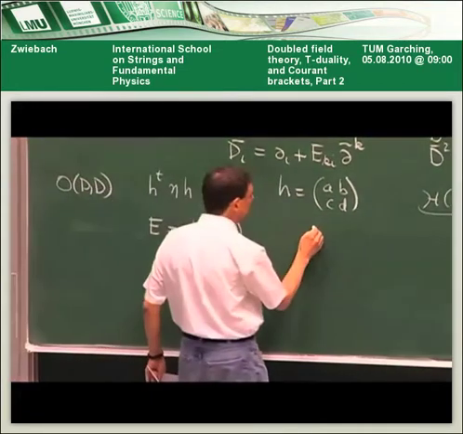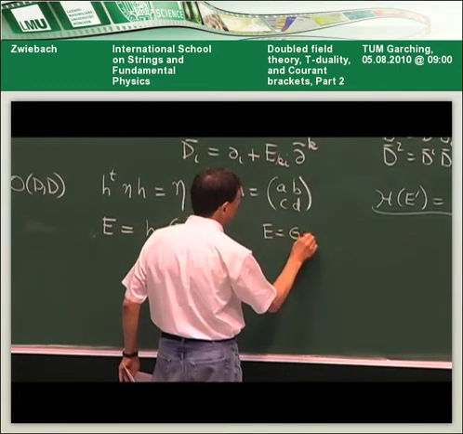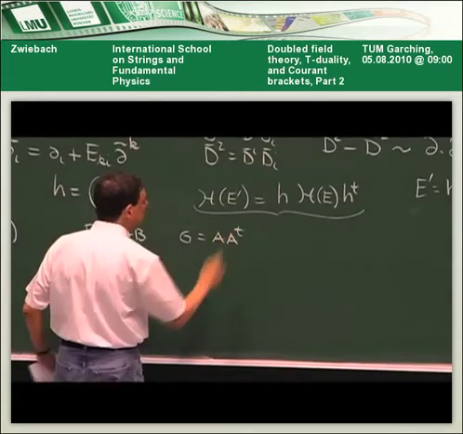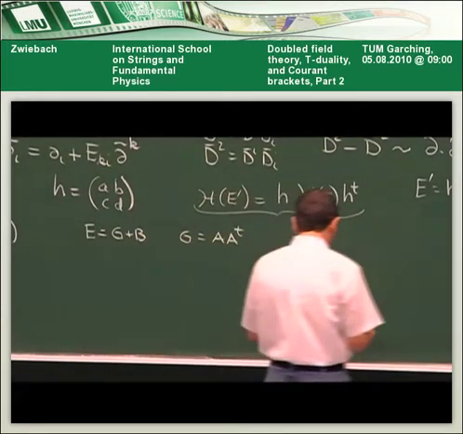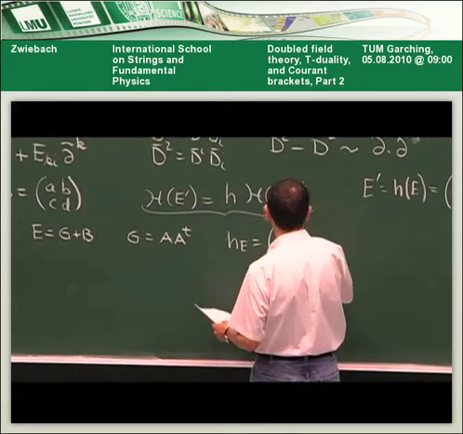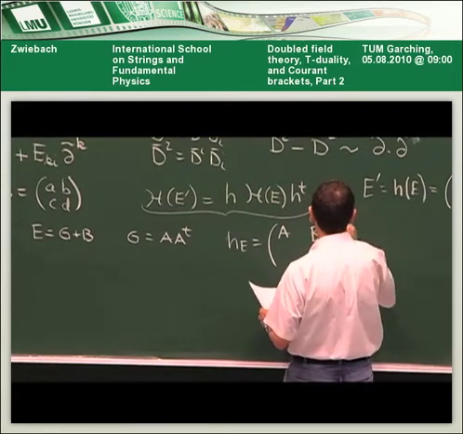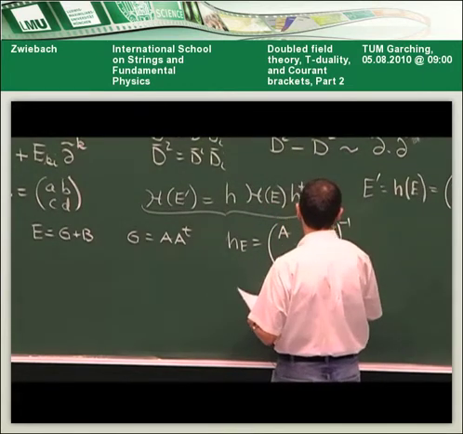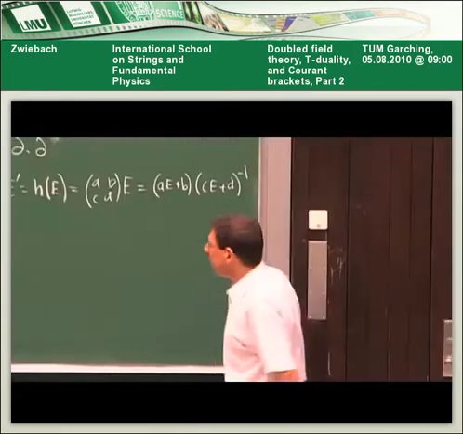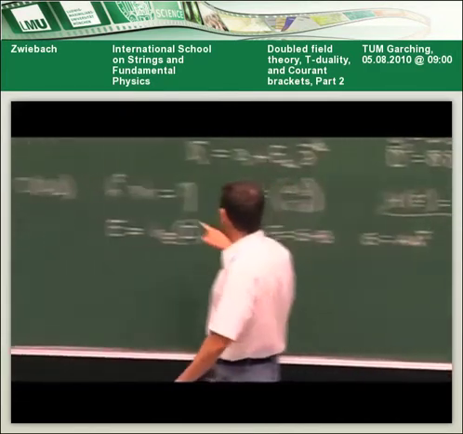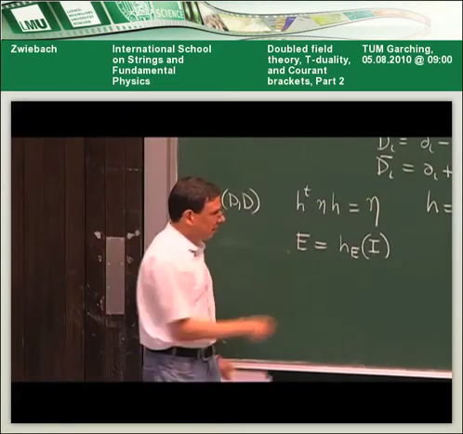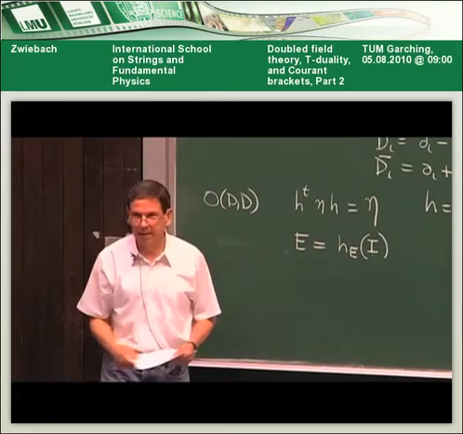And if we wrote E as G plus B, where G was A times A transpose, then we showed that H of E, which is given by A, B, A transpose minus 1, 0, A transpose minus 1, was the answer in that H_E acting on the identity background would create E. So this is as far as we got last time.